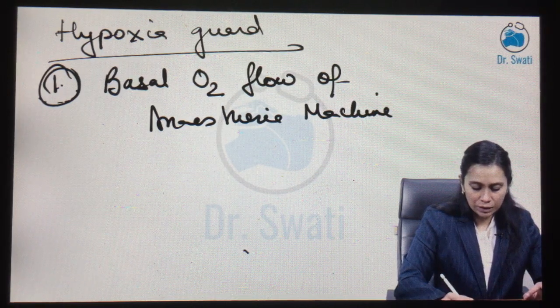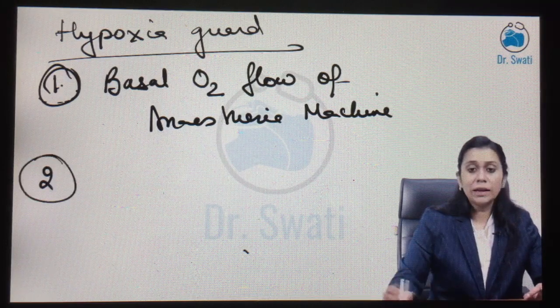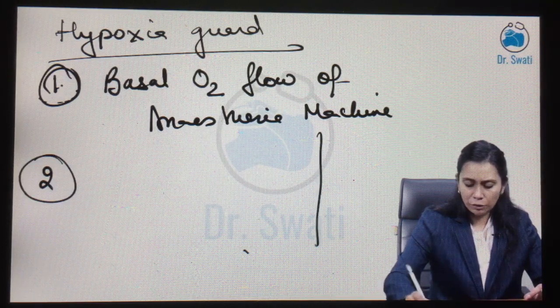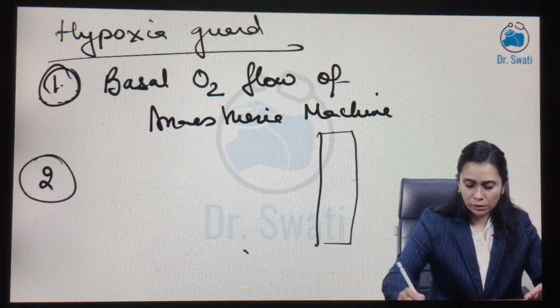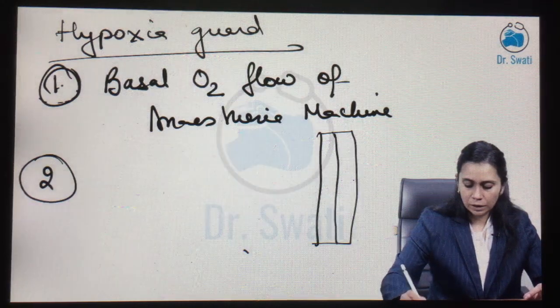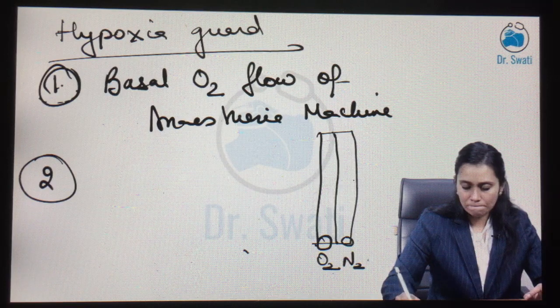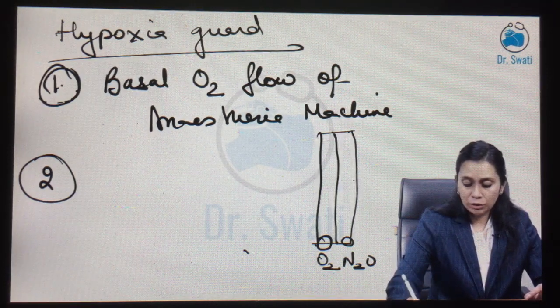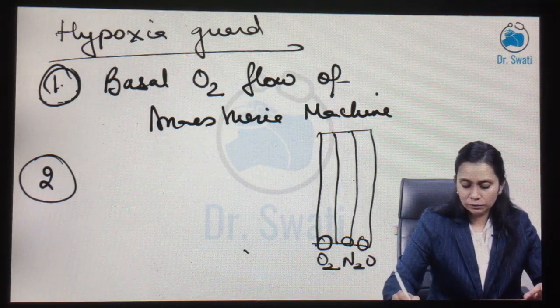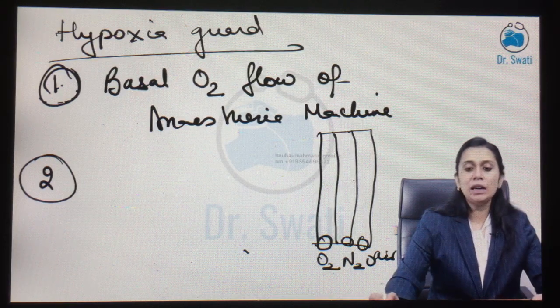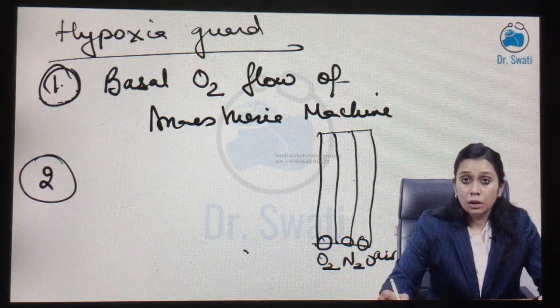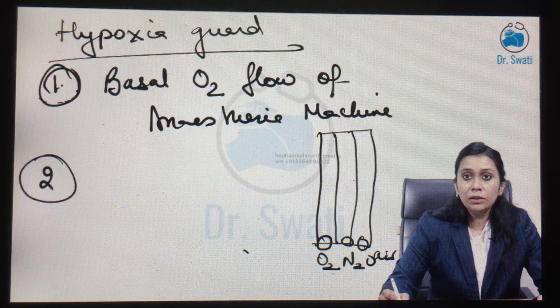The second hypoxia guard. Now this is the flow meter. It has 2 flow control valves. Rather 3, 1 for air also. Guys, any time during anesthesia, do you want to give 100% nitrous oxide?